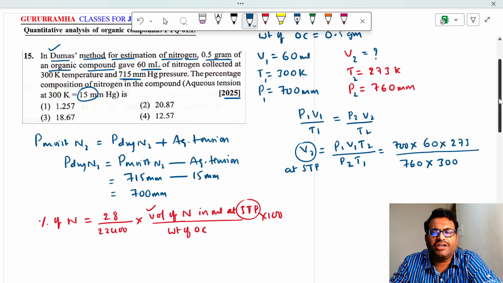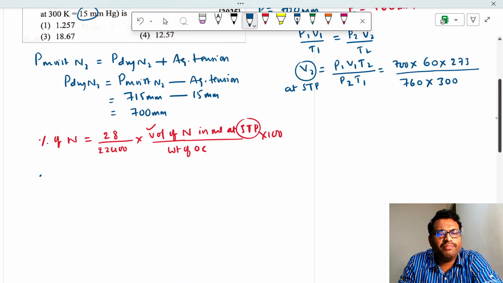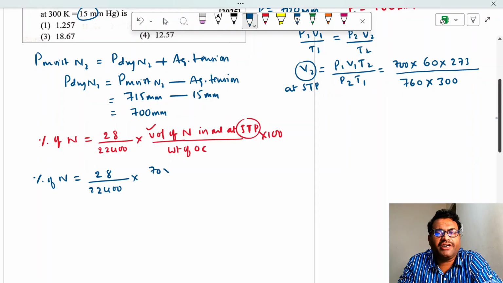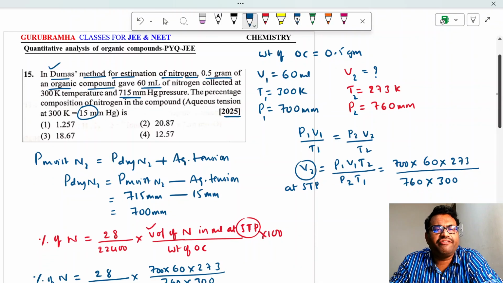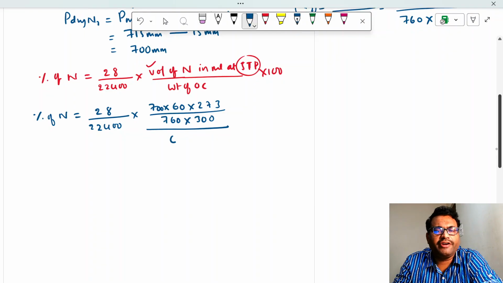Now substitute that volume in this equation. The percentage of nitrogen in the organic compound is equal to 28 by 22,400 into the volume of nitrogen, 700 into 60 into 273 by 760 into 300, by the weight of the organic compound, which is given as 0.5 grams, into 100.